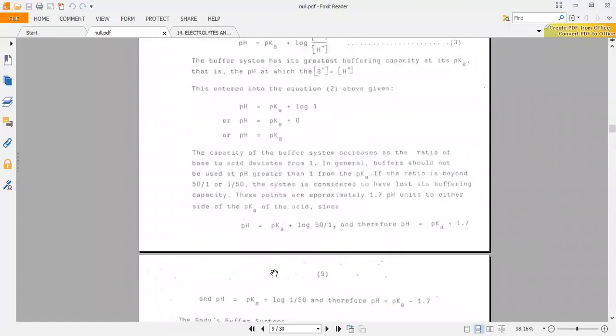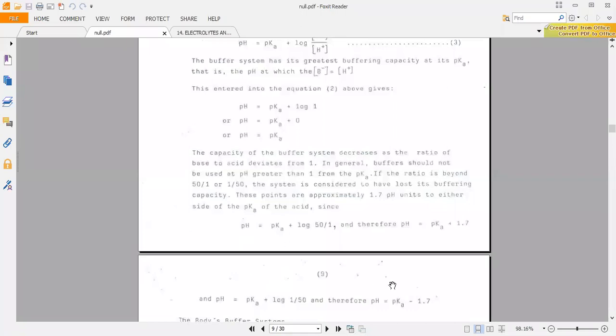Okay, good. Now we are saying that it's not always that you are going to get the pKa of the buffer being equal to the pH. So then what we are going to do is that we are going to allow for a certain range.